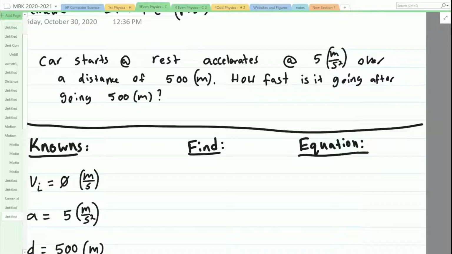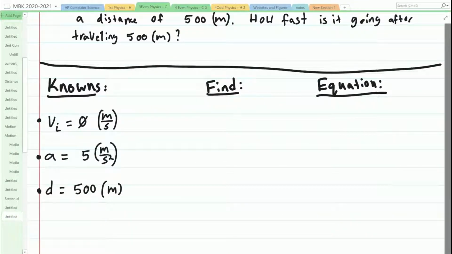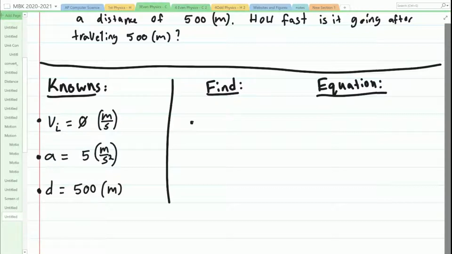So how fast is it going after traveling 500 meters? So it's asking us, what is our final velocity? Cool.